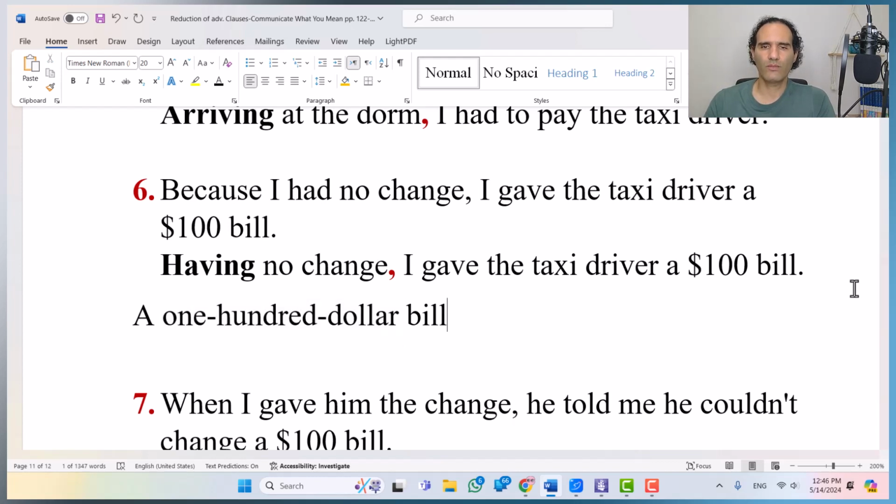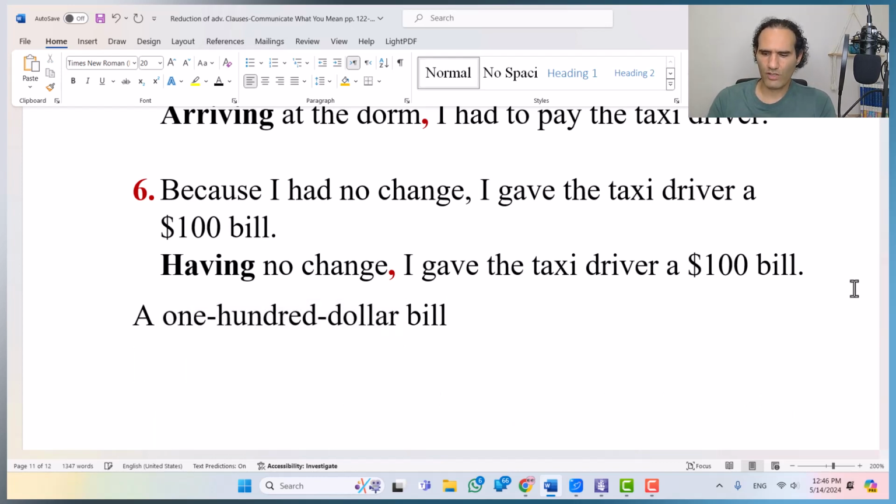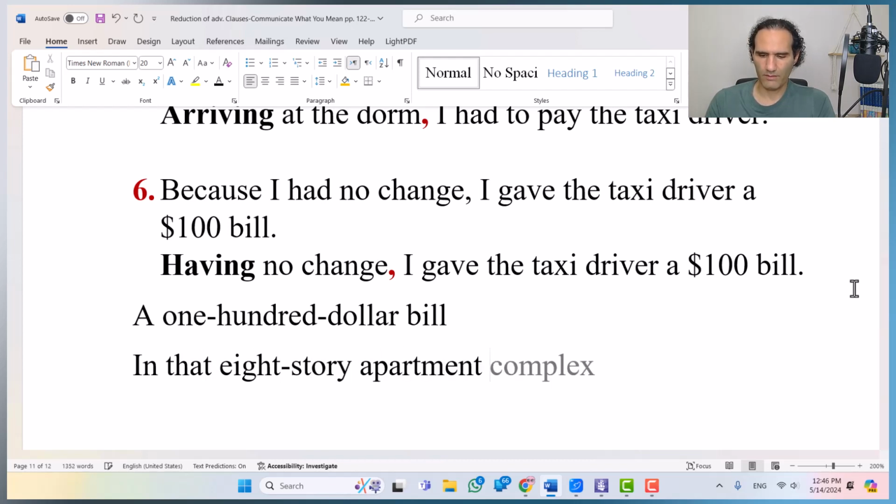A $100 bill. Where do you live? I live in that 8-story apartment building. So, how many stories does your apartment have? It has 8 stories.